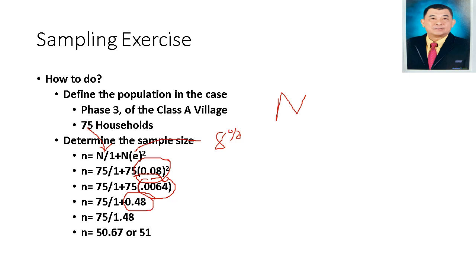And then we add 1 plus 0.48, which gives us 1.48. And then we finally divide the numerator, 75, by 1.48, which gives us 50.67. Rounded off, that gives us 51 as our sample size, using Slovin's formula, having a margin of error of 8% and a statistical confidence of 92%. All right.